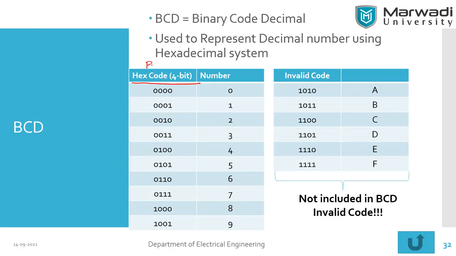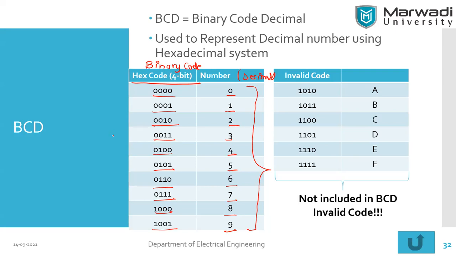There is a binary code which we convert into decimal. 0000 means 0. Basically, it's a decimal number, right? So 0001 is 1. 0010 is 2. 0011 is 3. 0100 is 4. 0101 is 5. 0110 is 6. 0111 is 7. 1000 is 8. 1001 is 9. Up to this point, it is fine.